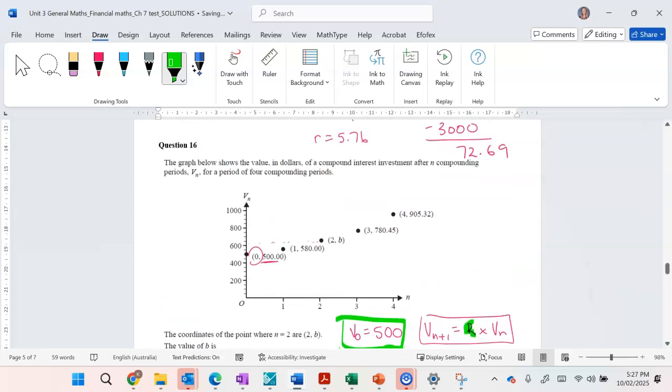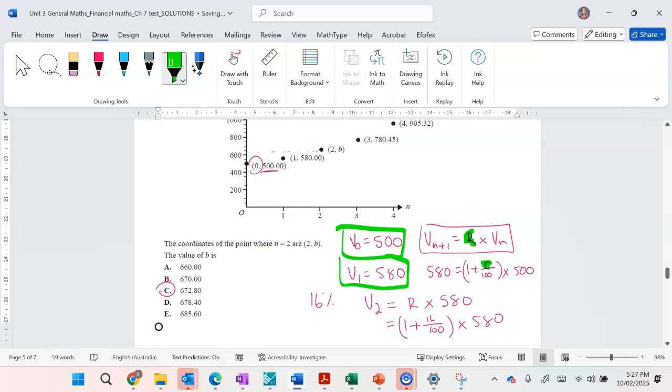All right? It doesn't tell us anywhere what our interest rate is. So I use the relationship between V0, which is 500, and V1, which is 580. So this is V1 and this is V0. That gives me an R value of 16, which is 16%. Now, the reason I was a bit suspicious of that, because 16% is a very high interest rate, whether it's an investment or a loan, very high.